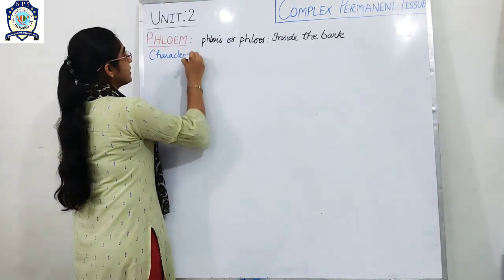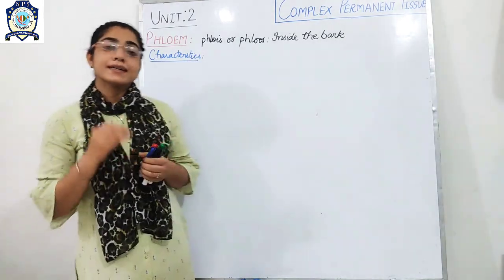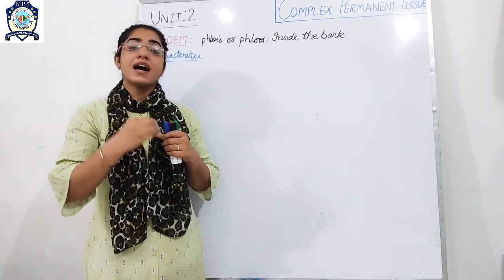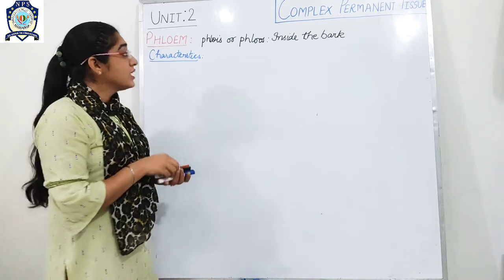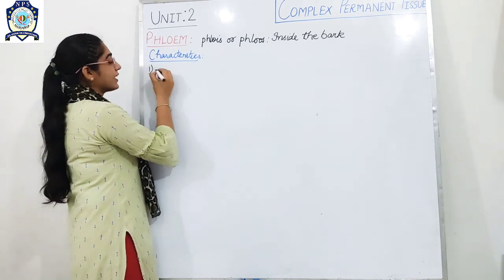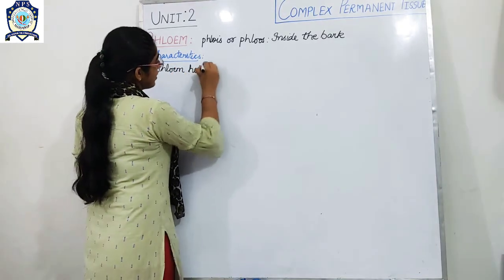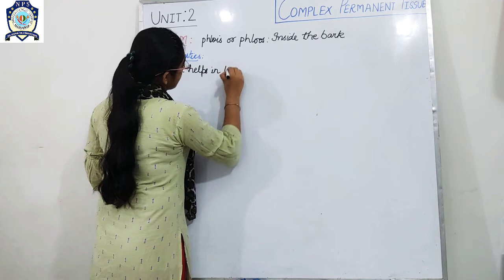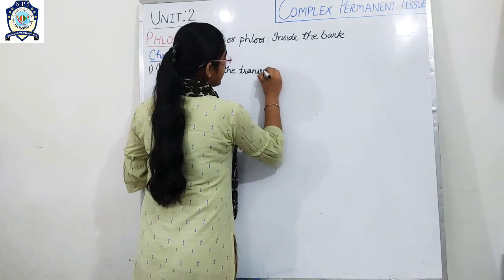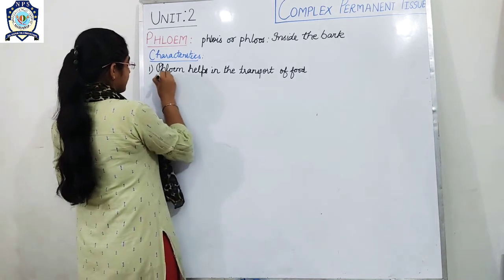phloem, then as we have discussed, xylem is a conducting tissue that helps in the movement of water and mineral. But the phloem tissue is the another conducting tissue that helps in the transport of food particles.